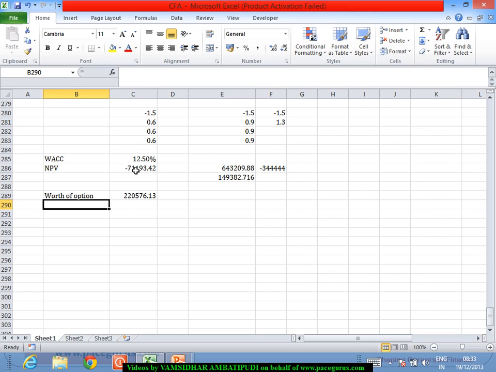This is how we evaluate the worth of the abandonment option, the real options. If I take the option versus I don't take the option, what is the difference in the NPVs in both the cases?